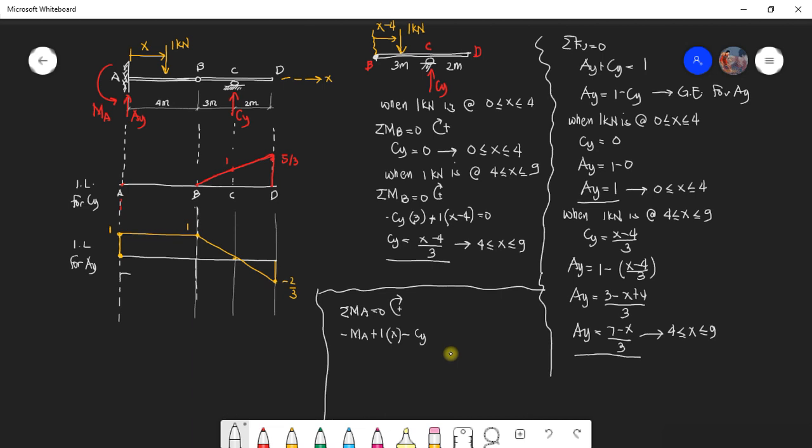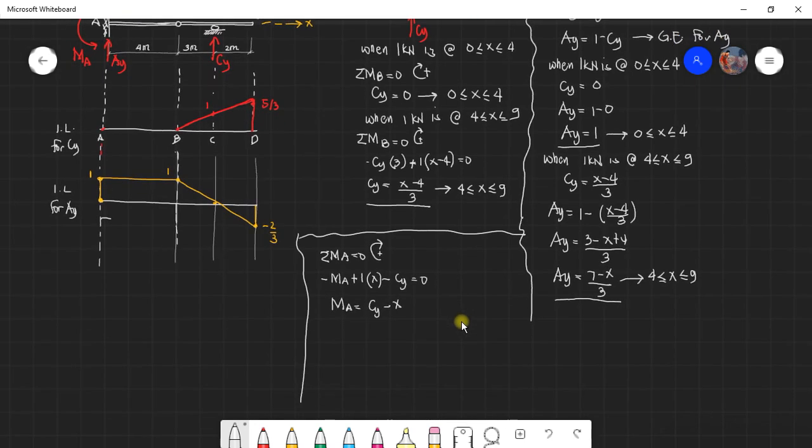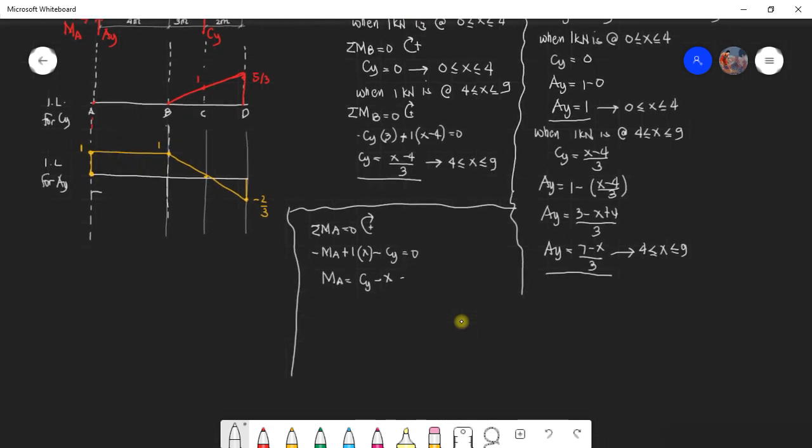So, is equal to 0. So our general equation for MA is, regardless kung ano yung rotation nyo dyan, depende sa assumption nyo, so it will be CY minus X. So ito again, yung general equation. Okay? So this will be our general equation. So this is true for 0 to 9.